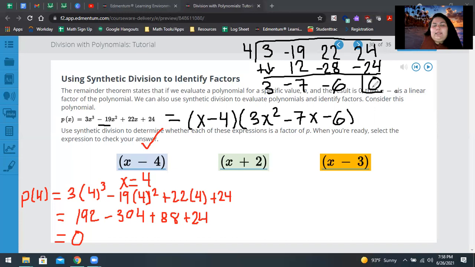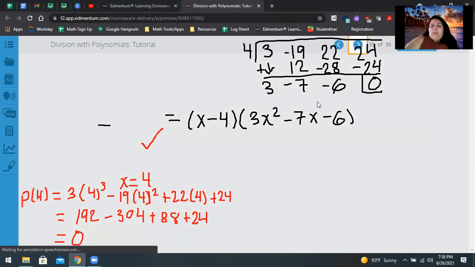That last number, again, determines if we do have a factor or not, and it's not used when we're writing out these answers here. So go ahead and try both ways, plugging in the value into the equation or using synthetic division, for x plus 2 and x minus 3.